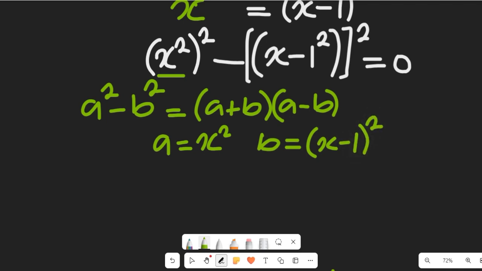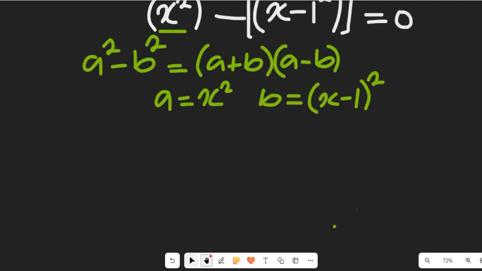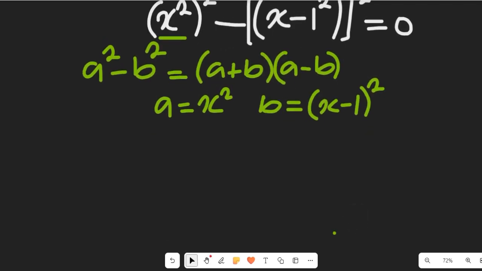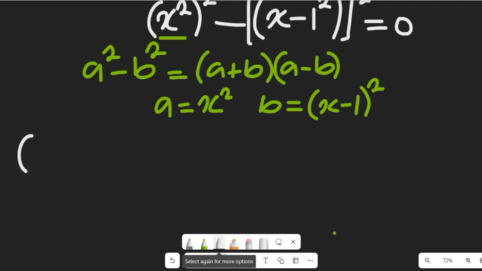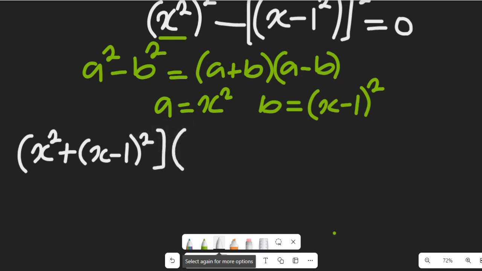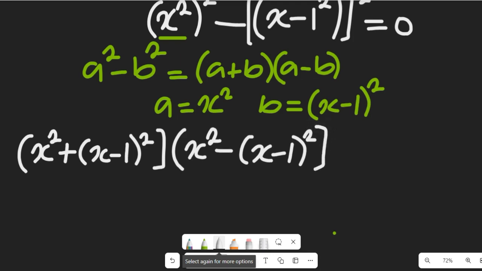So let's substitute this into the main expression. We'll have the first value, x squared plus (x minus 1) squared, multiplied by x squared minus (x minus 1) squared.